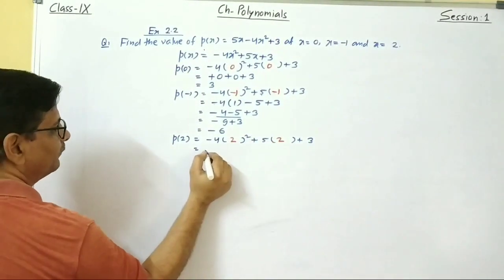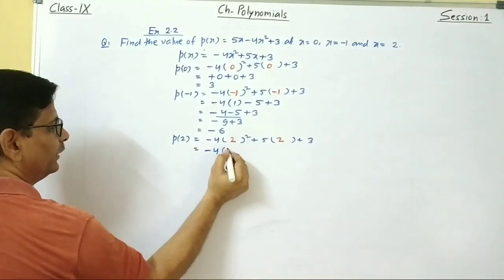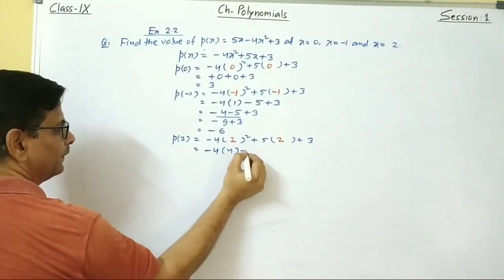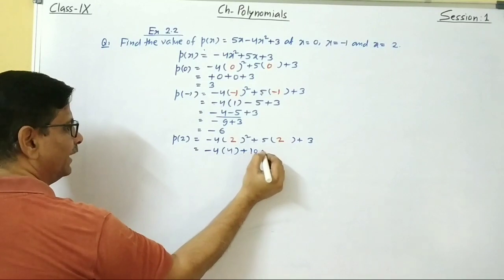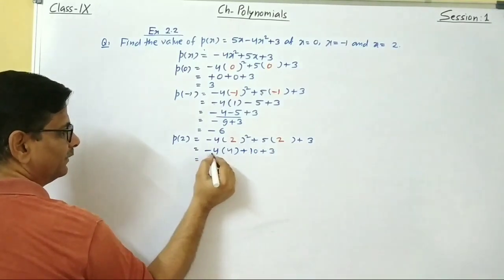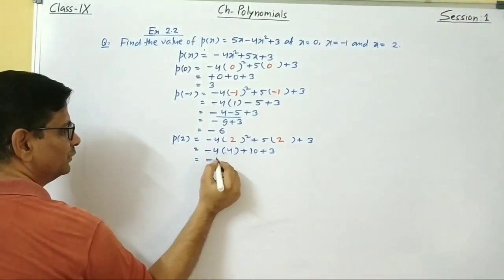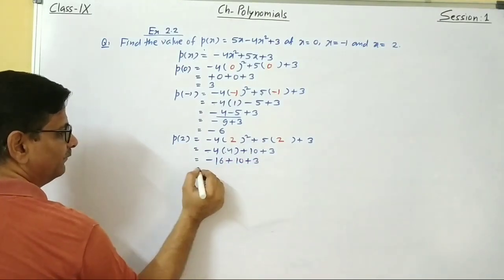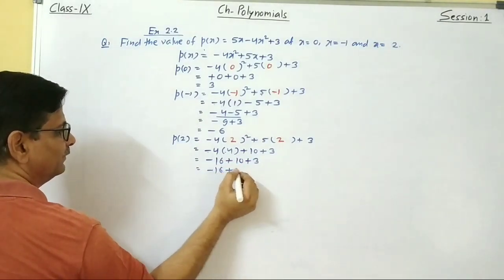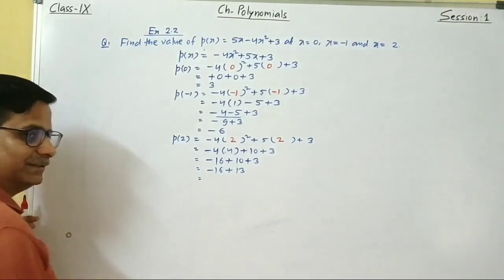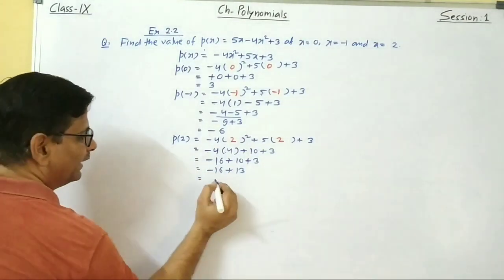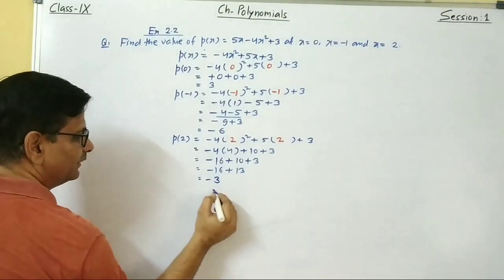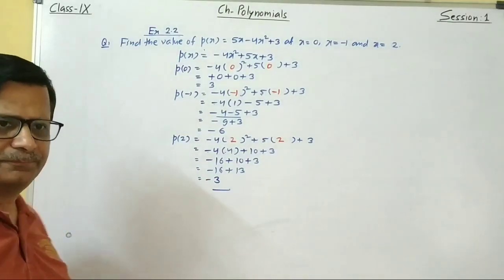So I will get minus 4, 2 square is 4, plus 5 2 ja 10 plus 3, then minus 4 4 ja 16 plus 10 plus 3, then minus 16 plus 13. Different integers हैं, subtract होंगे and we will get minus 3 because minus का integer बड़ा है. Okay.